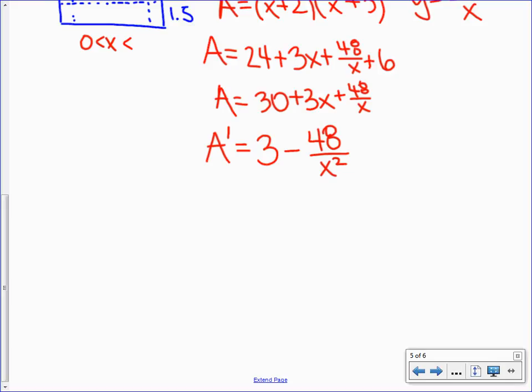What do we do with our derivative? We need to know where this is 0 and undefined. Therefore, we need a common denominator of X squared. So 3X squared minus 48, all over X squared.